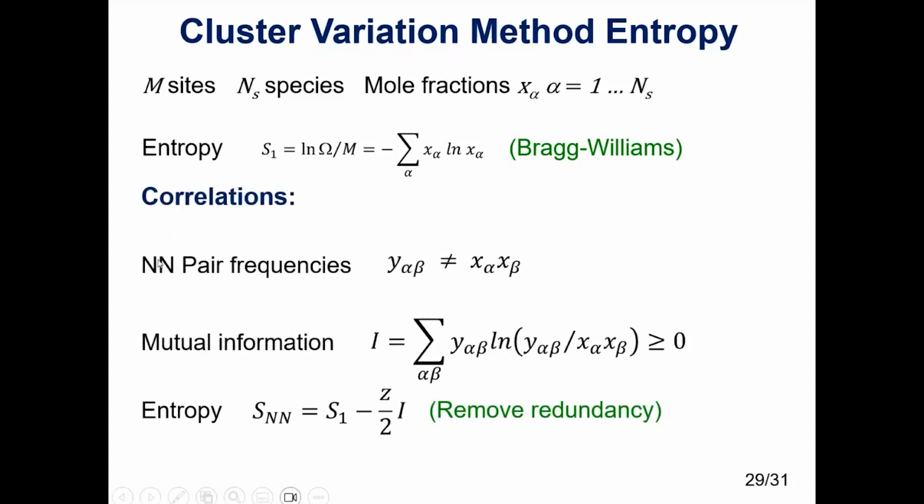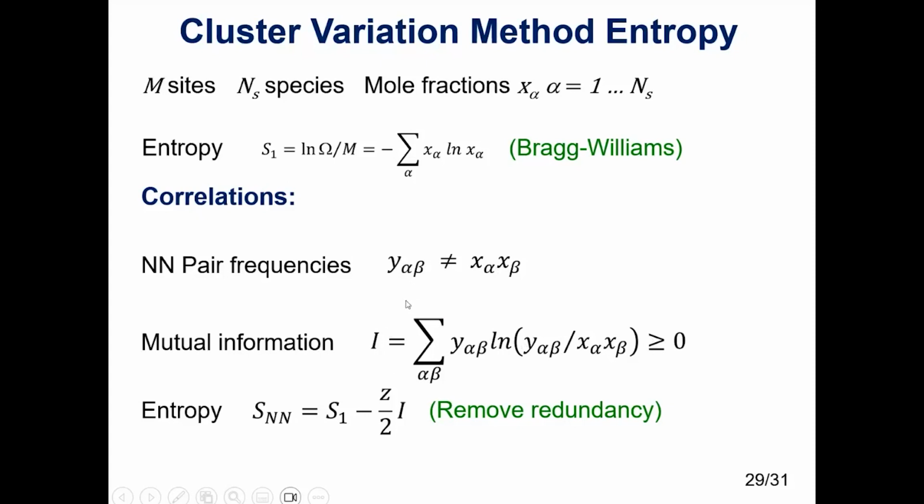But we can also include correlations. The correlations that I'm going to include in particular are nearest neighbor pairs. And if the nearest neighbor pair frequencies differ from the product of the single site occupations, then we can calculate a quantity known as the mutual information, which is the information content of this correlation function.